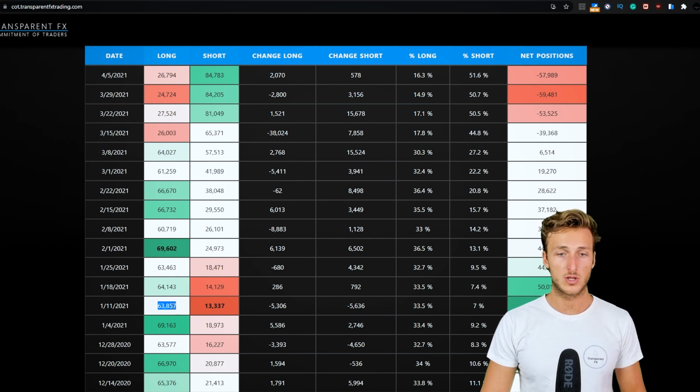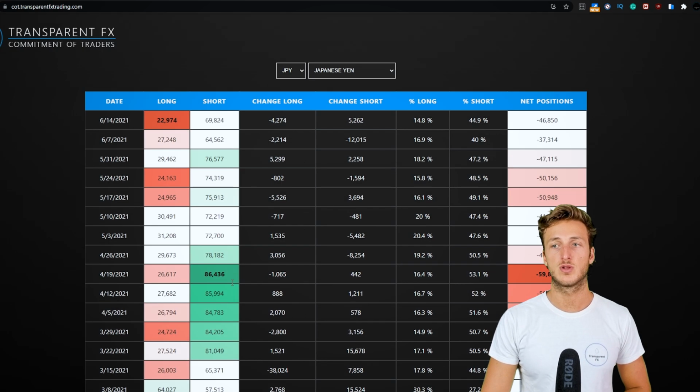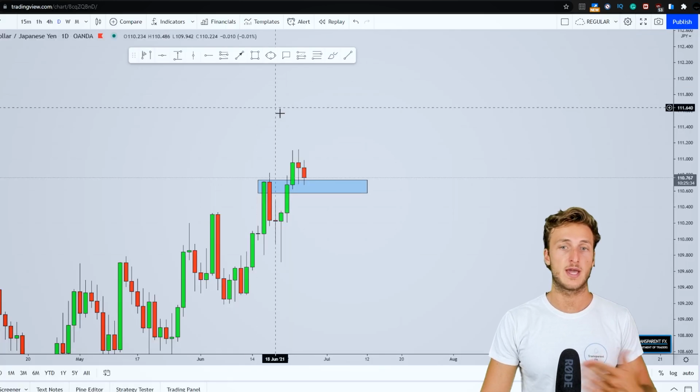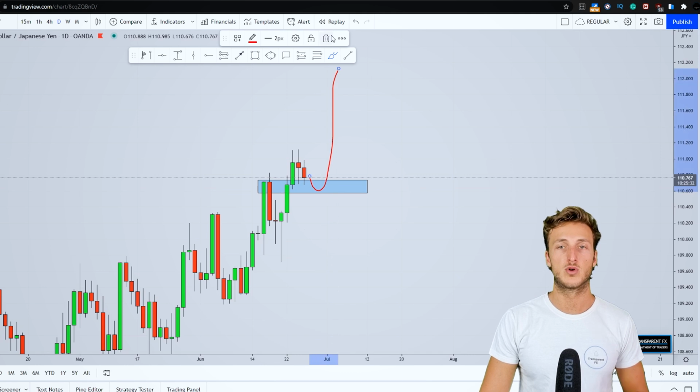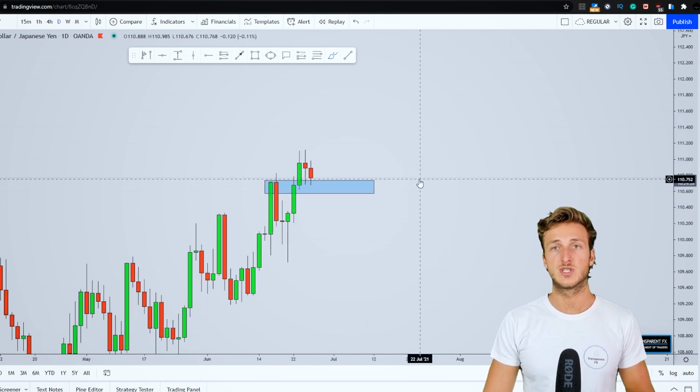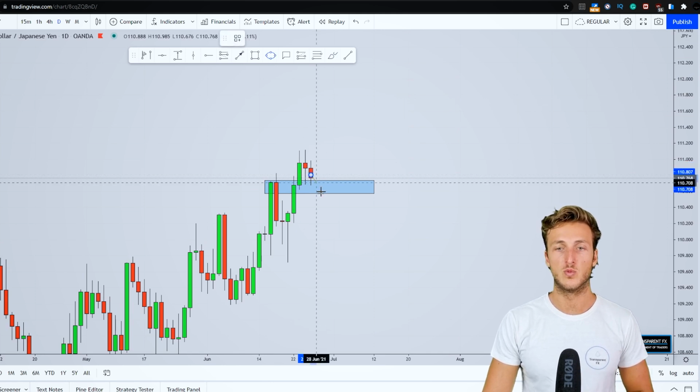So way more longs than shorts from an institutional perspective, all the way down to having a massively negative net positioning with 5.2K shorts added with the last report and 4.2K longs getting closed, reaching 69K short positions and 22.9K longs. So the JPY has been getting very weak, and we can expect USD JPY to provide more continuation to the upside. So how we can be approaching this potential longing opportunity with students.